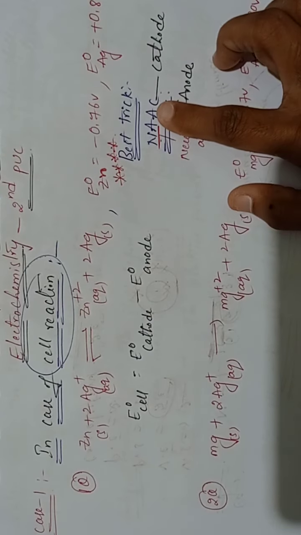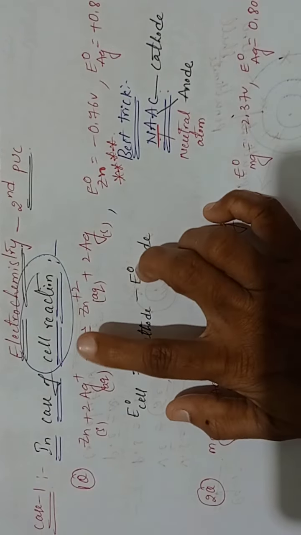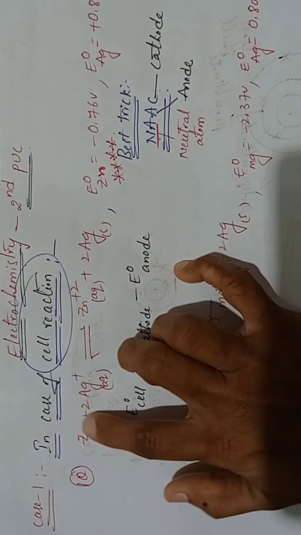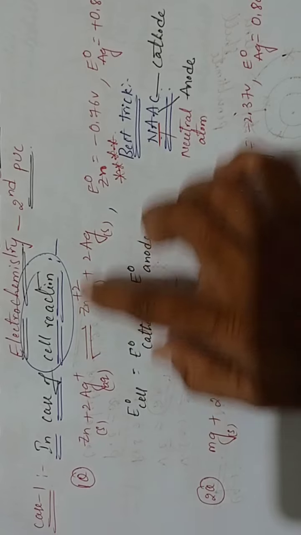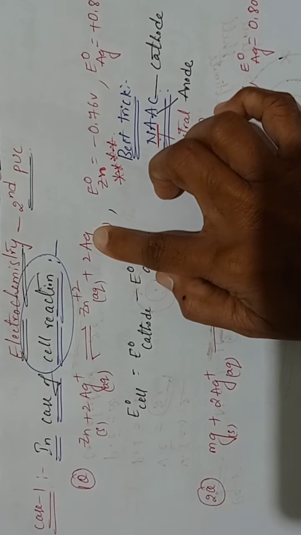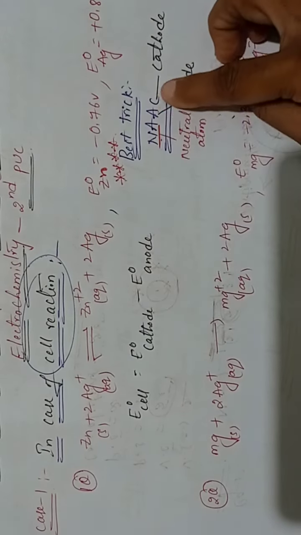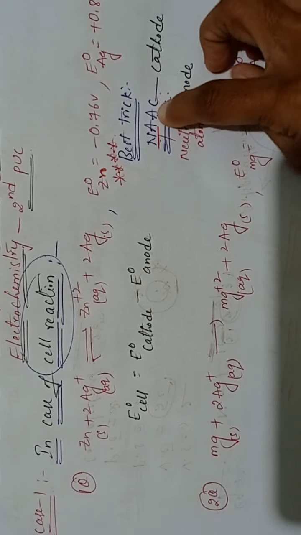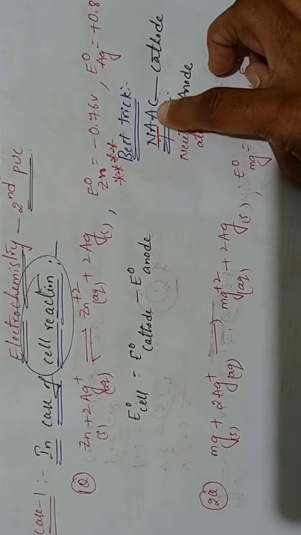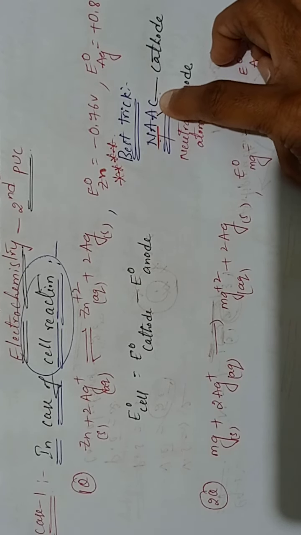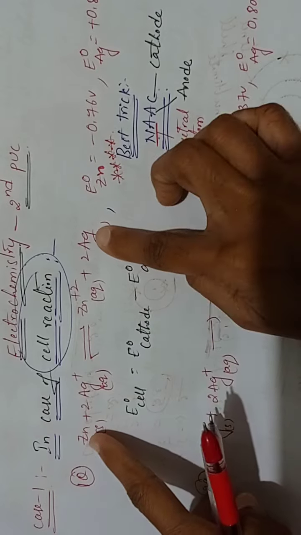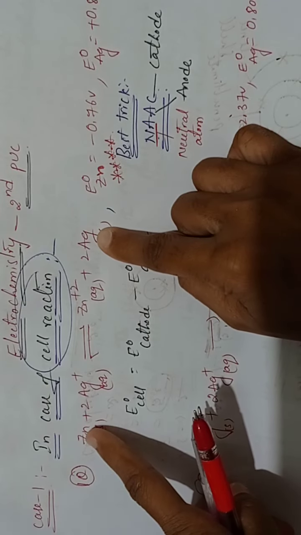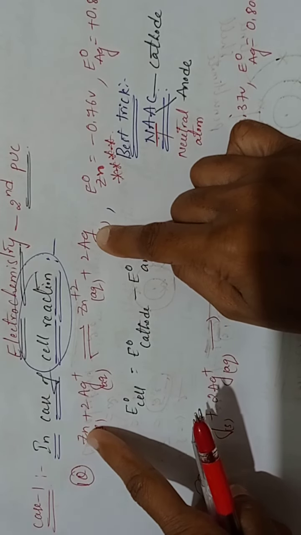Now which is the anode, students? Before the arrow, the neutral atom is the anode. After the arrow, the neutral atom is the cathode. NAC: A comes first, so the first one is anode, and the second one is cathode. In this cell reaction, both zinc and silver are neutral atoms.